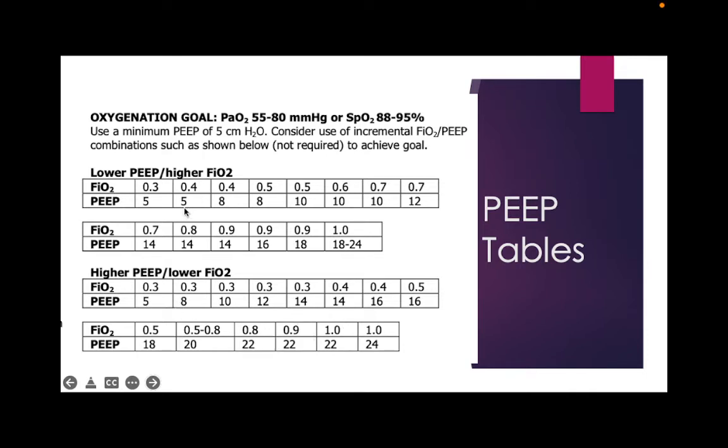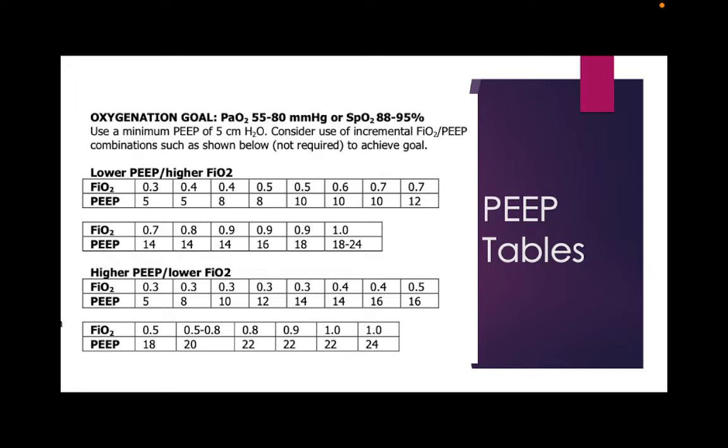So what this means, when I walk into the ICU in the morning and I find someone on an FiO2 of 90 and a PEEP of 8, something is wrong, okay? Either that patient shouldn't be on that much FiO2 or they should be on more PEEP, okay? If they're on 90%, their lungs are bad enough, unless it's a PE.